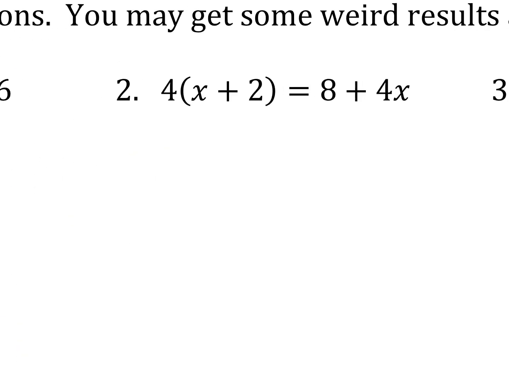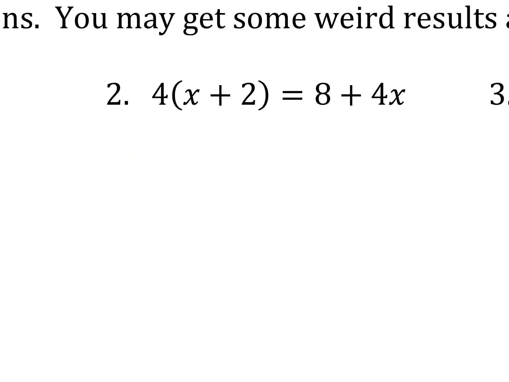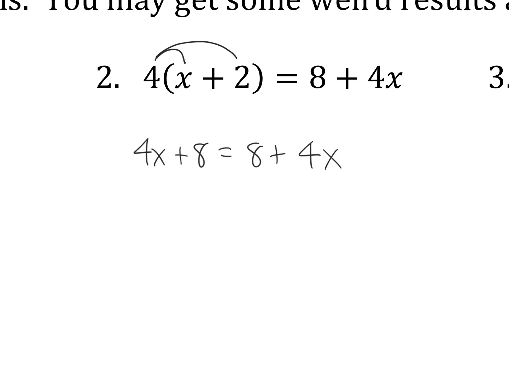All right, number 2. Anything to distribute here? Yeah, we got to do 4 times x, which is 4x. 4 times 2 is 8. Equals 8 plus 4x. What you notice about both sides here is they're essentially the same thing, just mixed around. I still like to move all the x's or variables to one side.